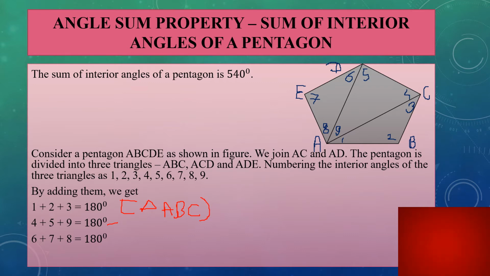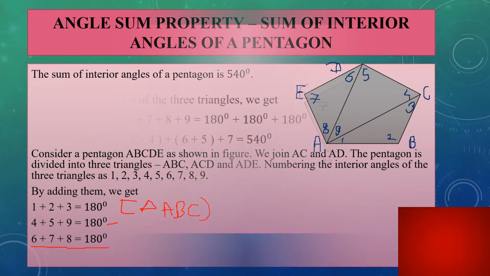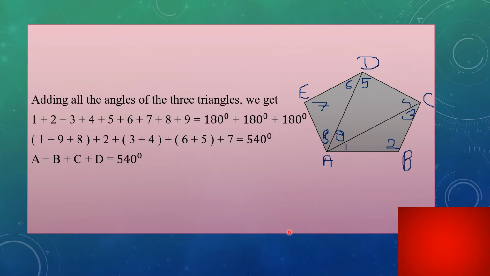Now in triangle ADE, angle 6 plus angle 7 plus angle 8 is equal to 180 degrees. The sum of all the angles in a triangle is 180 degrees.